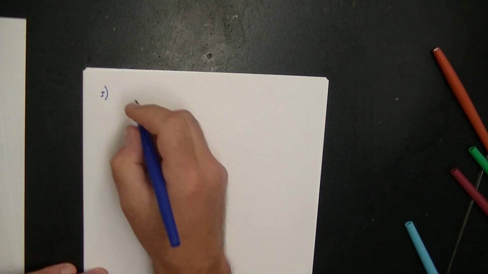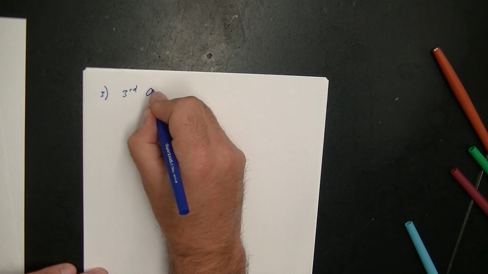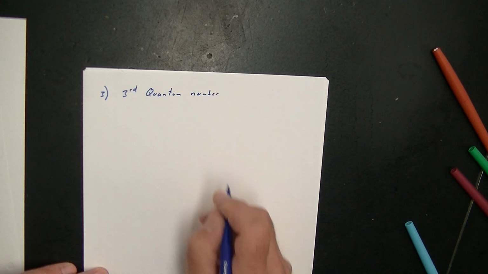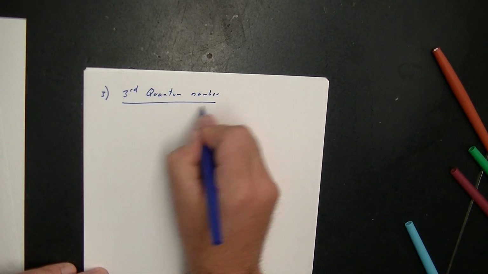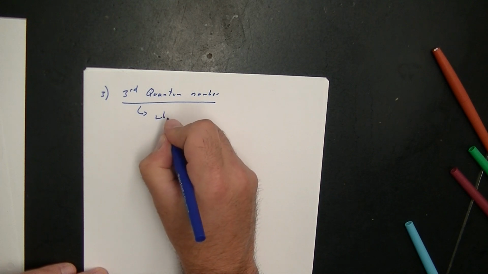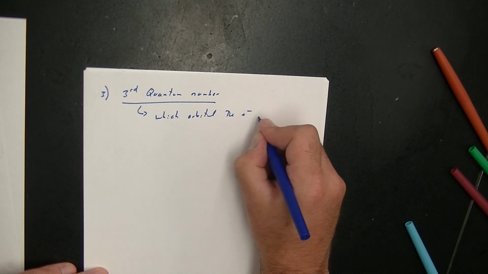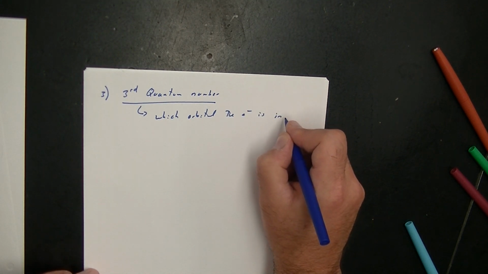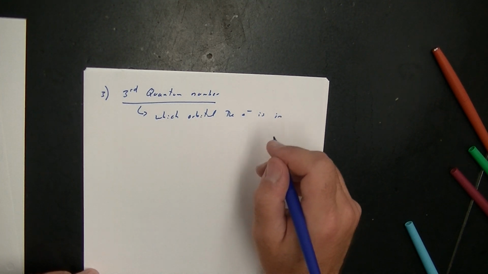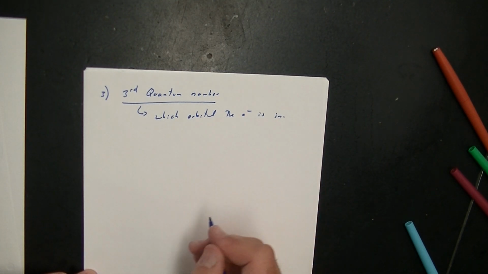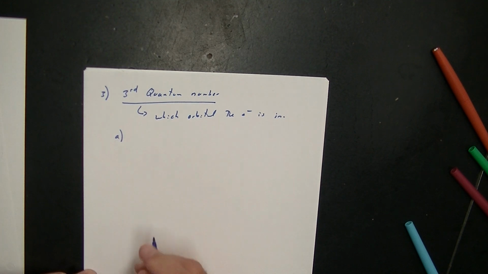Let's look at my third quantum number. The third quantum number tells me which orbital the electron is in. So let's write a couple things.